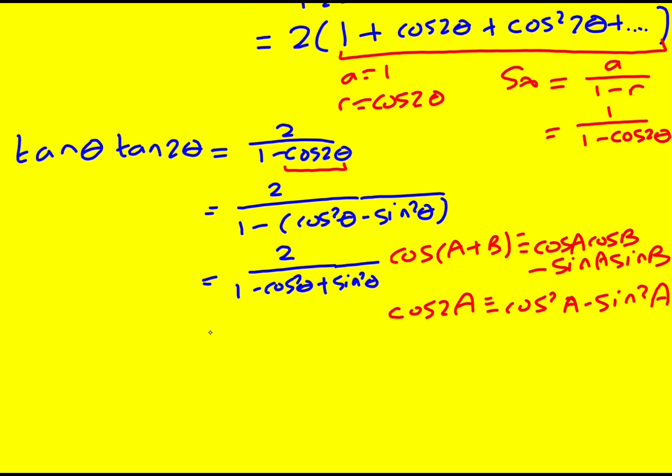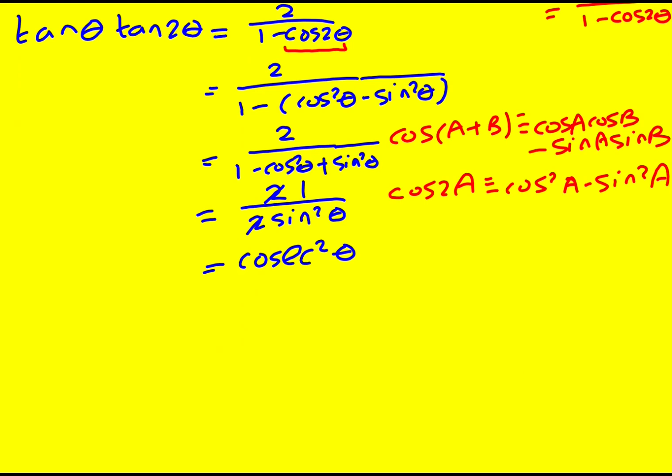But 1 minus cos squared theta is sine squared theta, so it actually becomes 2 over 2 sine squared theta, and these cancel, leaving me 1 over sine squared theta, which is then cosec squared theta. So after all of that, that infinite geometric series simply simplifies to cosec squared theta. Great.